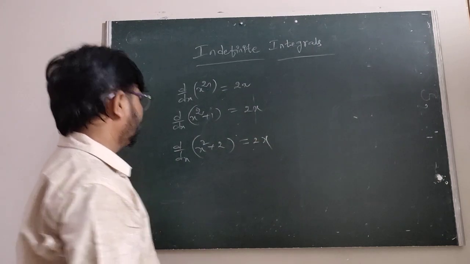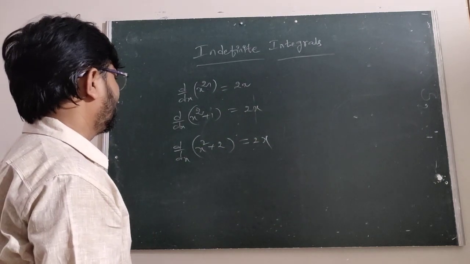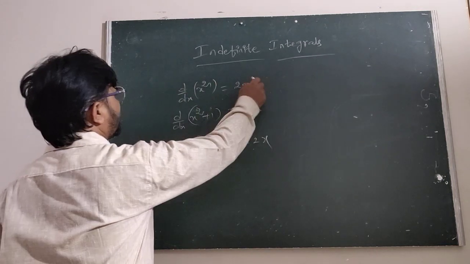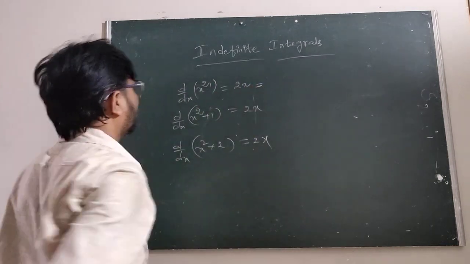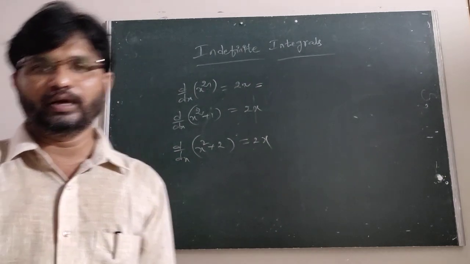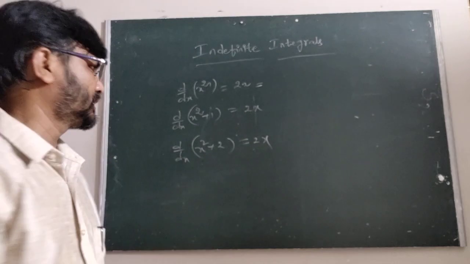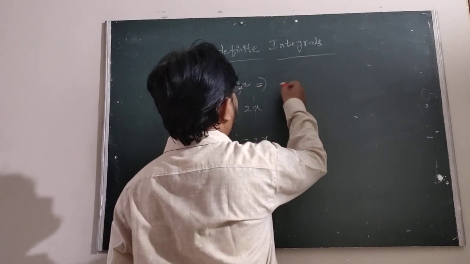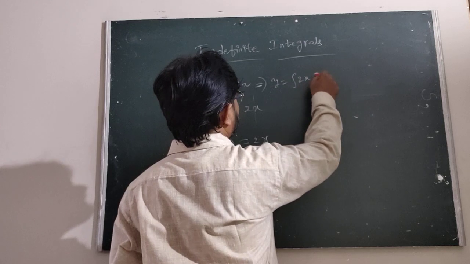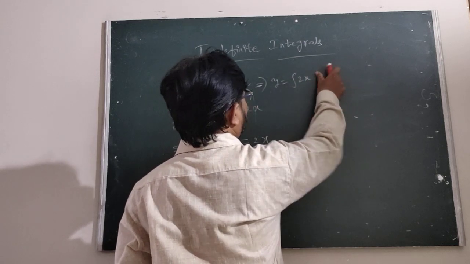Now we are taking the integral, that means we can write the integral of 2x. The y equals the integral of 2x. That implies y equals the integral of 2x is x square.